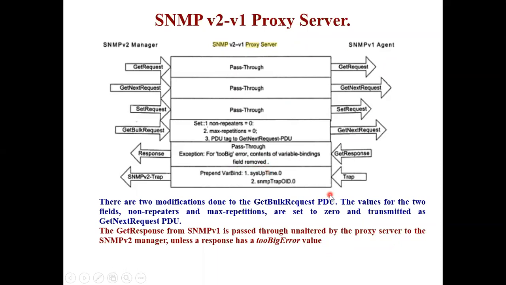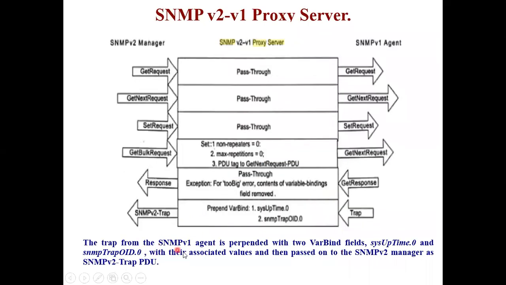Then the trap message. So here the trap from version 1, generated by the agent, is appended with two variable binding fields. So the two things which I will add are the system uptime and the SNMP trap object identity, because that object identity will be different.